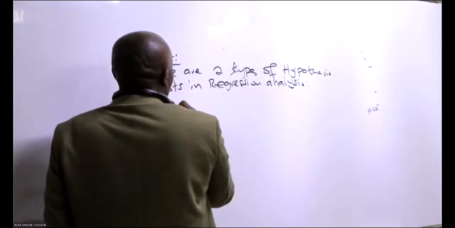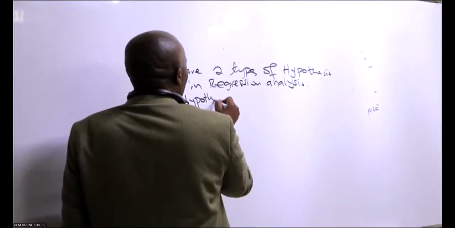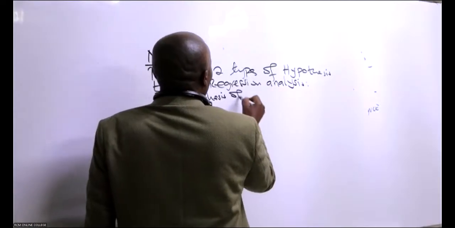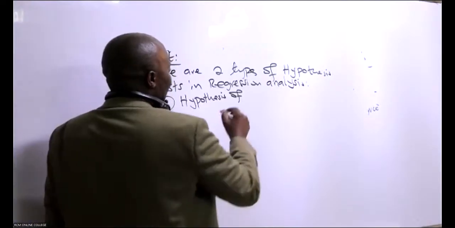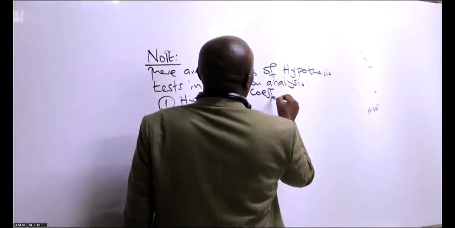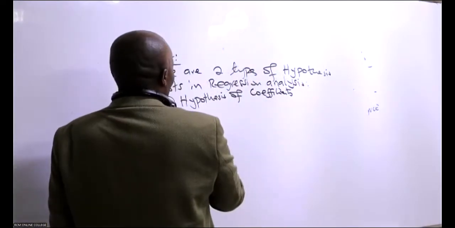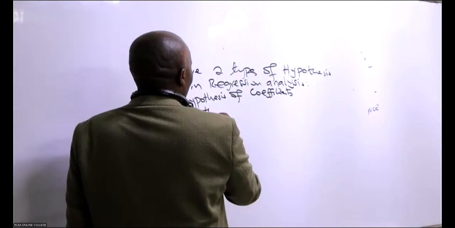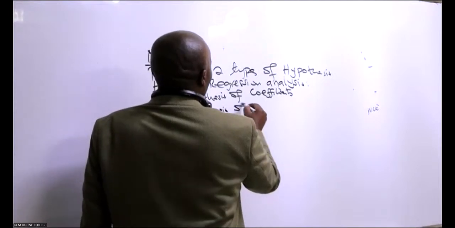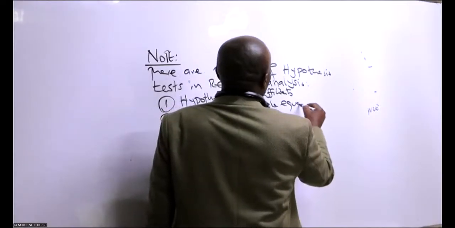Namely, number one, we have a hypothesis of coefficients. And number two, we have a hypothesis of the whole equation.